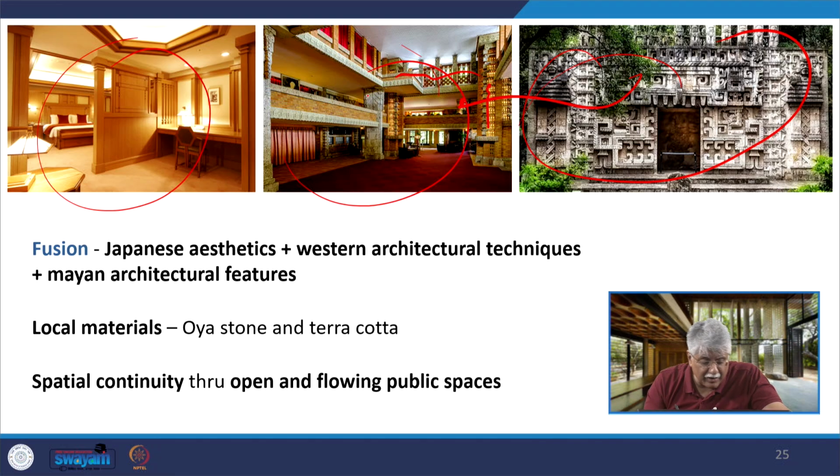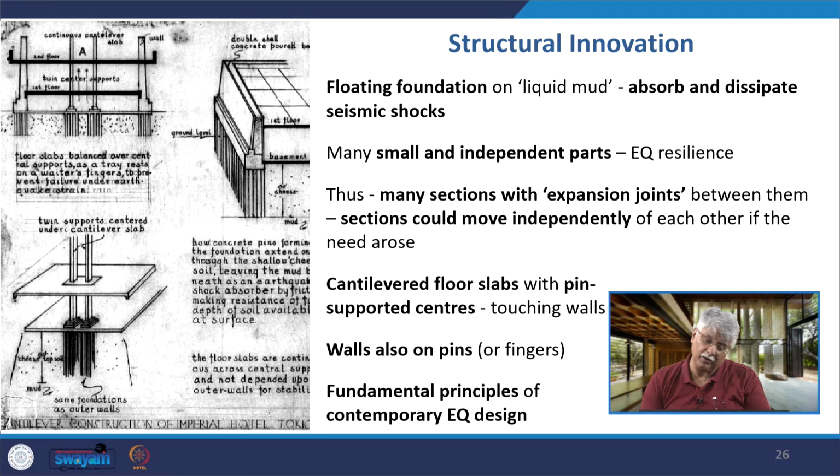Local materials, Oya stone and terracotta were used, and spatial continuity was maintained through open and flowing public spaces. The structural innovation that he brought about was a floating foundation made for the liquid muddy soil of Tokyo to absorb and dissipate the seismic shocks.